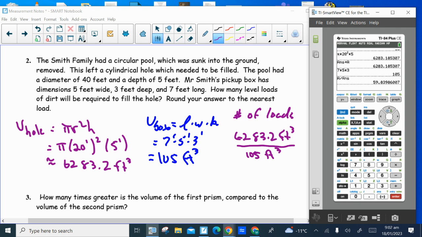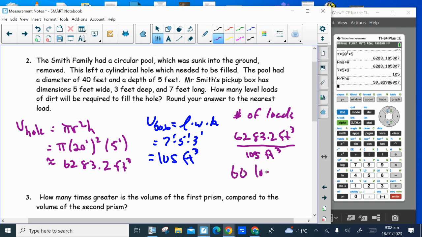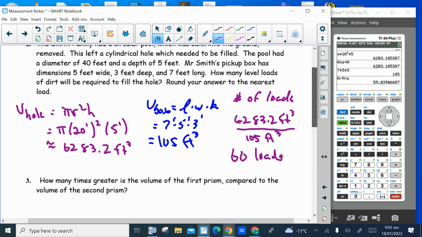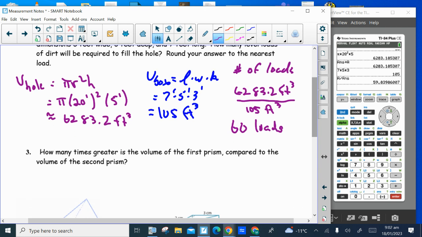That gives 59.8. In other words, we'd have to round that up to 60 loads. That's how many loads of dirt he would have to haul in his truck in order to fill up that hole completely. That's a lot of work. Okay?